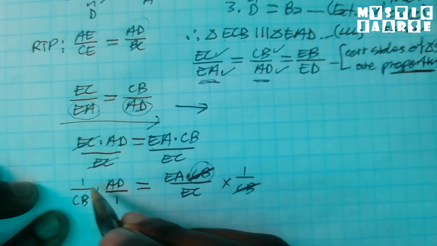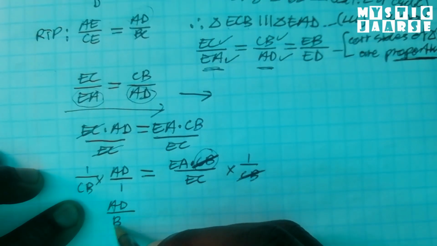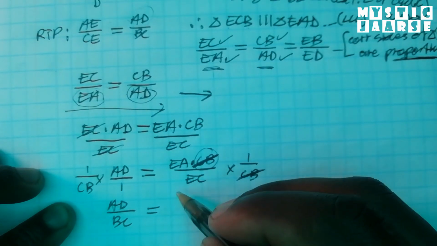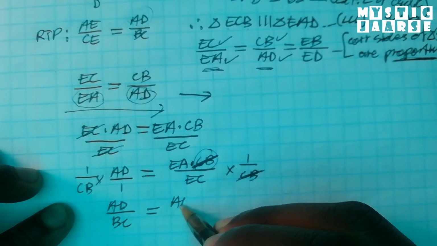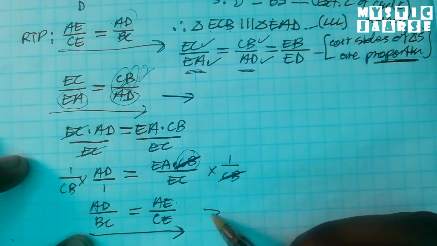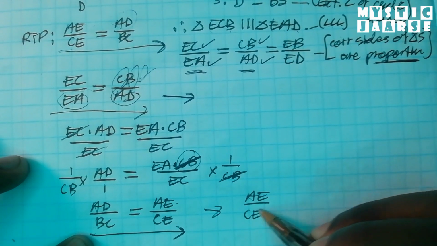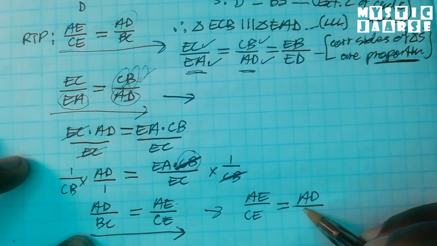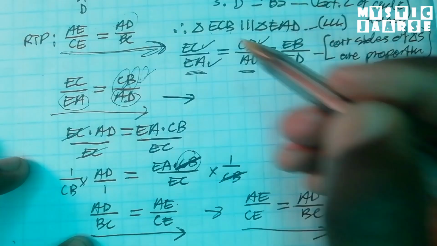So we'll be having 1 times AD is AD divided by BC is equal to, on this side we will be left with AE divided by CE. So we just need to rewrite this. So we have AE divided by CE is proportional to AD divided by BC. So this is the same as what they asked us to prove.